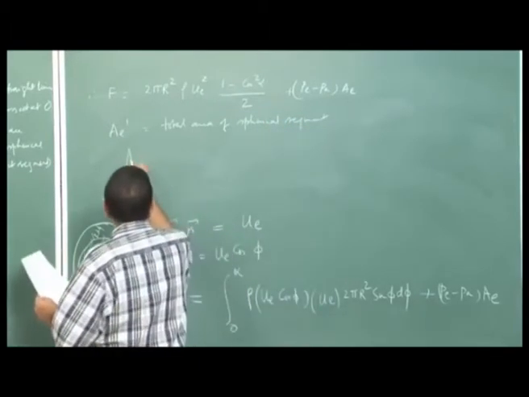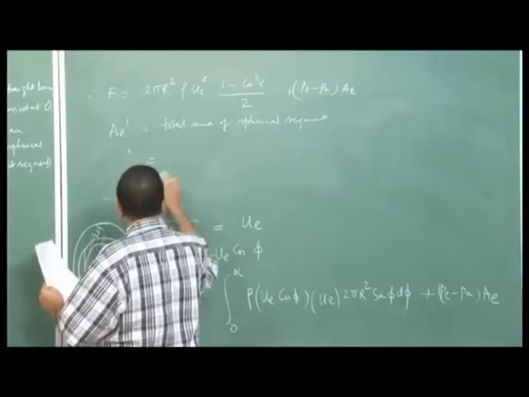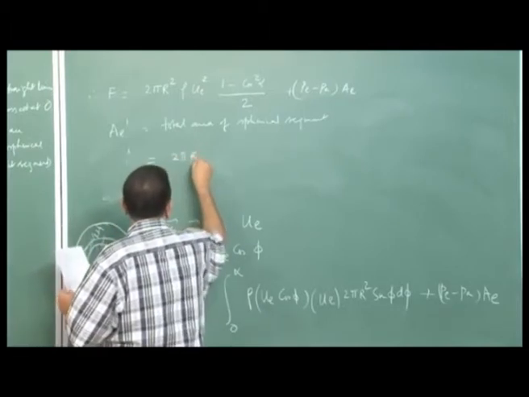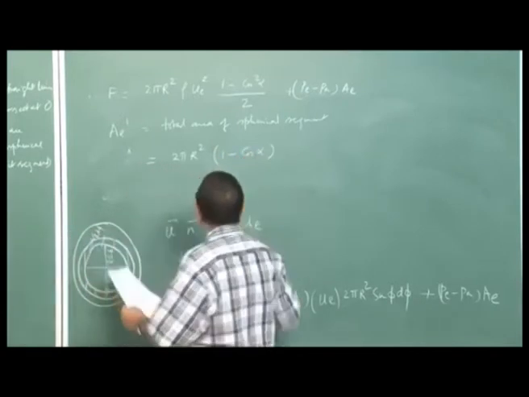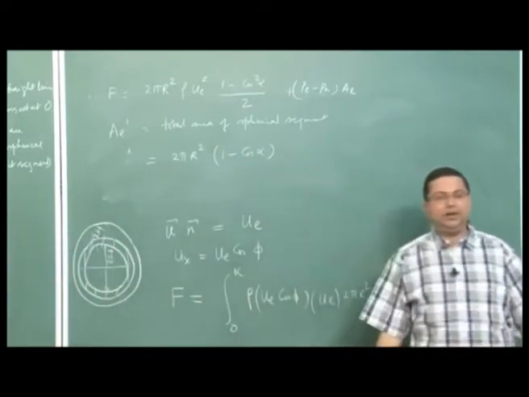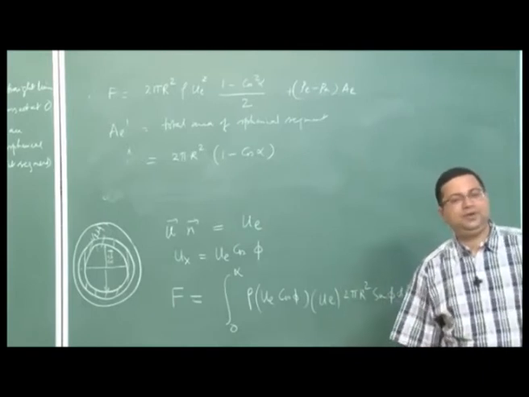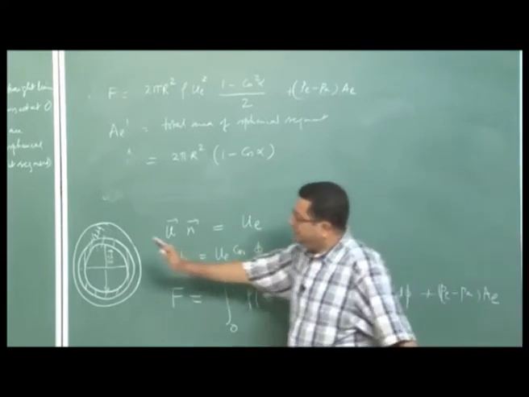Then this is equal to, you can do the math yourself, it is pretty easy, 2 pi r square times 1 minus cos alpha. This is this area.